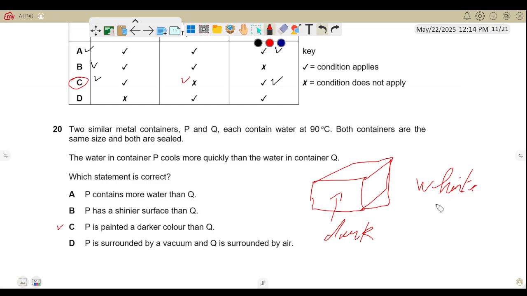The white objects actually resist exchanging thermal energy, but the dark objects are emitting everything or absorbing everything in terms of thermal energy. So because of this difference in color, P cools more quickly than the water in container Q. It's not the A, it's not the B, it's not the D.